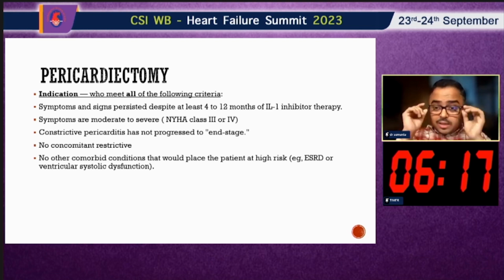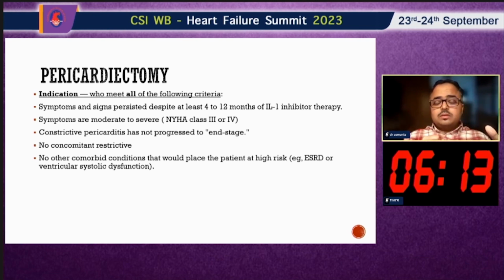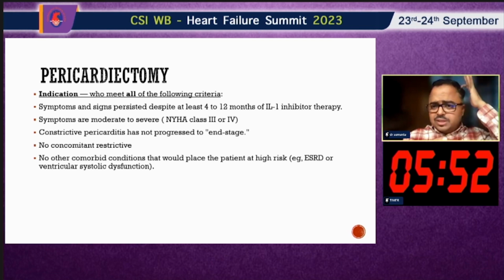Once my guide told me no constrictive pericarditis patient should go to pericardiectomy without getting ATD. So in our scenario, maybe in CCP, the etiology is tuberculosis in more than 35% of the cases, but I could not fetch that much literature on the internet.